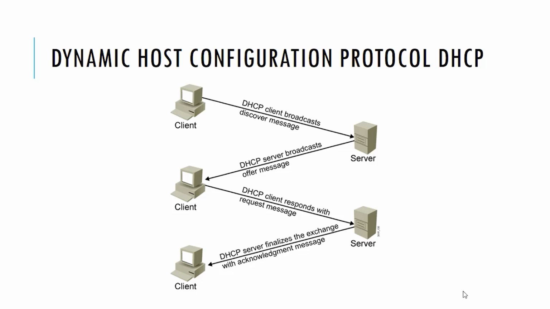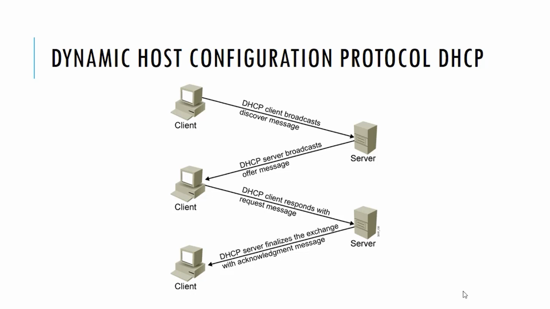Then the client responds with the request message for leasing and asking for these parameters. The offer message says that I'm a DHCP server, I can offer you these parameters. Then the DHCP server finalizes the exchange with an acknowledgement message.